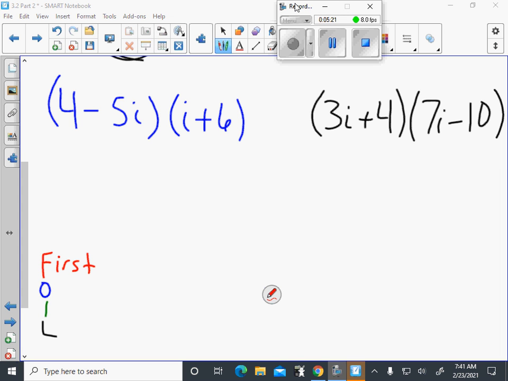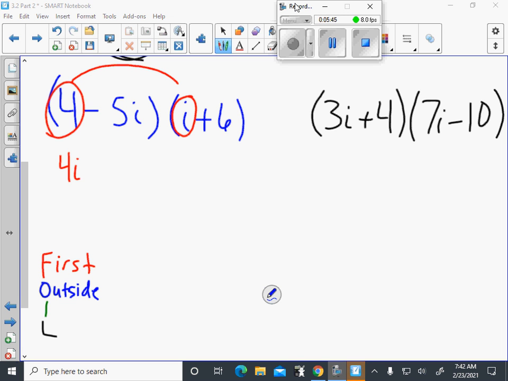F is first. So we take the first terms in both binomials, 4 and i, and we multiply them together. What's 4 times i? That's 4i. O is outside.